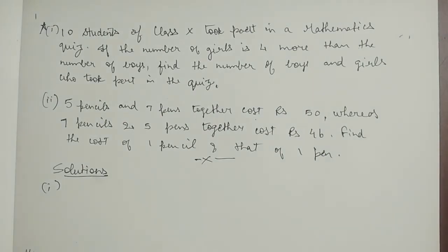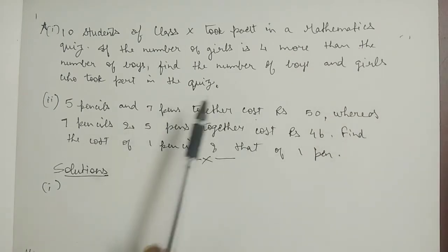Whenever we have a question like this, what is the first thing we need to consider? We need to find out the variables here, which one is to be considered as x and which one as y. Generally in any word problem on a pair of linear equations, whichever needs to be found out is the variable. So we need to find the number of boys and girls who took part in the quiz.